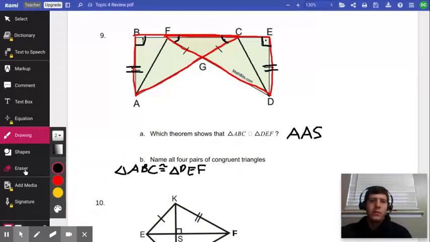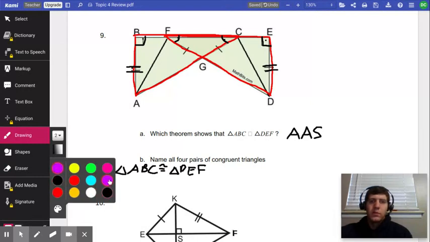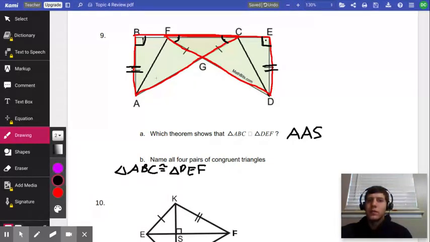Okay, and if we want to name the other ones, let's pick a different color. Right. So the idea here is once you know that the triangles are congruent, you know their corresponding parts are congruent. So we now know that AC here, right, is congruent to FD. You know these angles are congruent as well. So we can name the other triangles here.